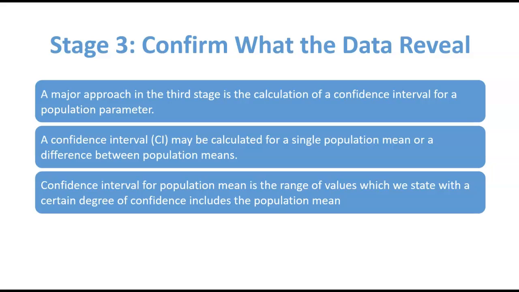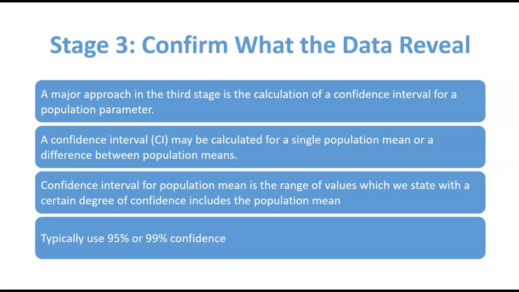There are also examples in your text, and there are examples in the video link that I provided on D2L. Typically the expectation is that we want to have confidence of 95% or 99% that this range houses the population mean.